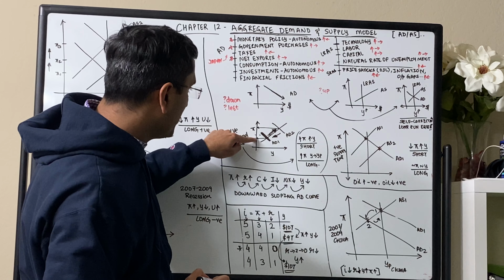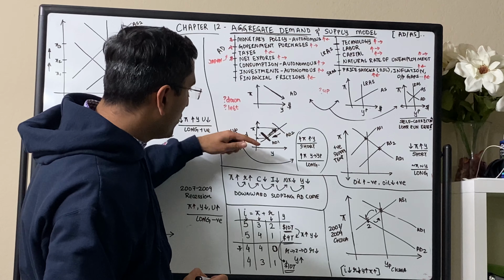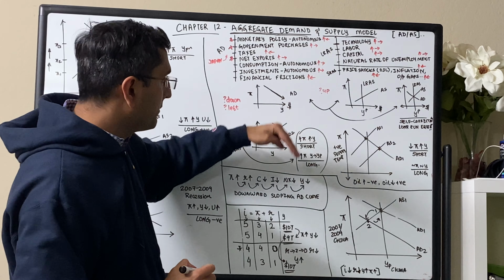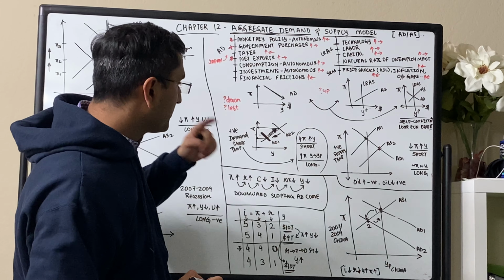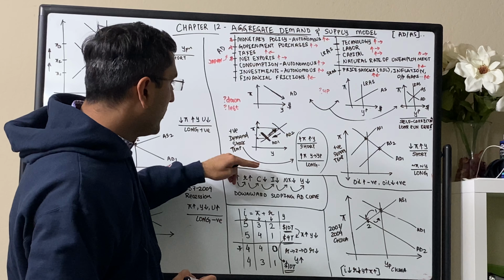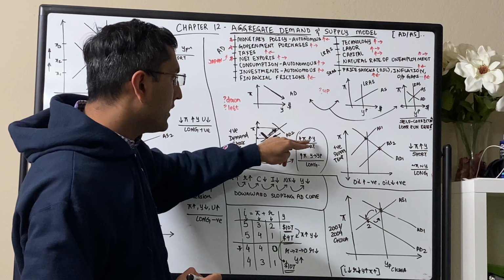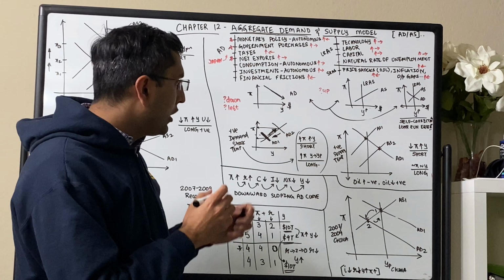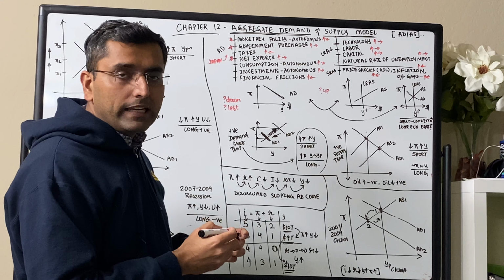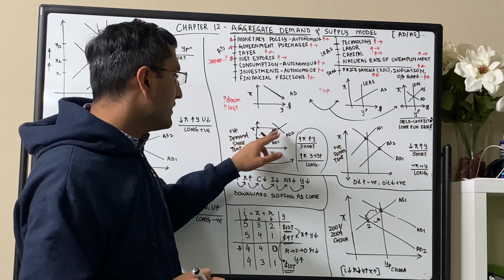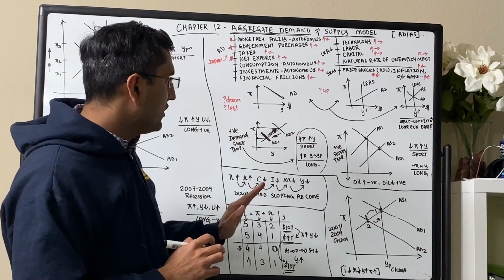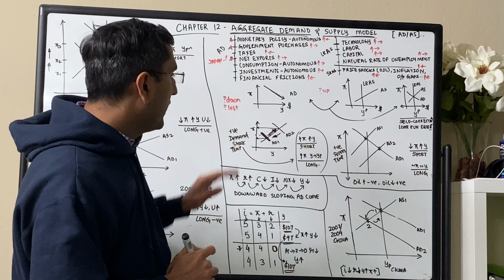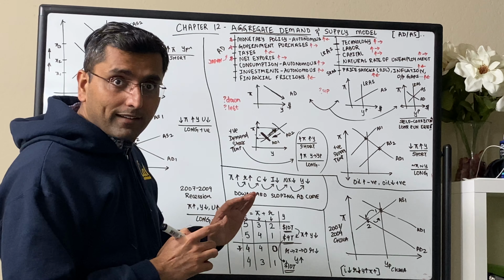So it went up from here to here. So when the demand goes up, output goes up, right? So inflation and output change in the short run, but in the long run, inflation is all that changes. Output, there is no change due to a positive demand shock. And we'll look into why that is.